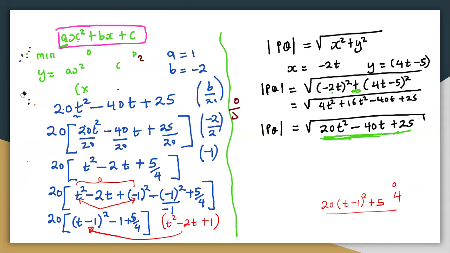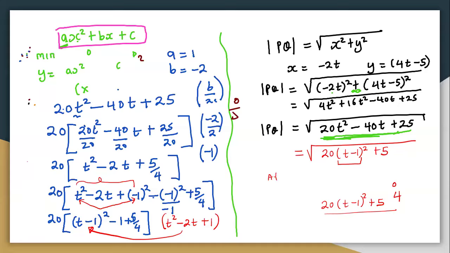So, members, we are going to come back here now. Allow me to use this pen. Now I'm going to part B. Inside the bracket, we shall have 20 into t minus 1 squared, then plus 5. Then we know very well that for least distance or minimum distance, this squared here is equal to 0.